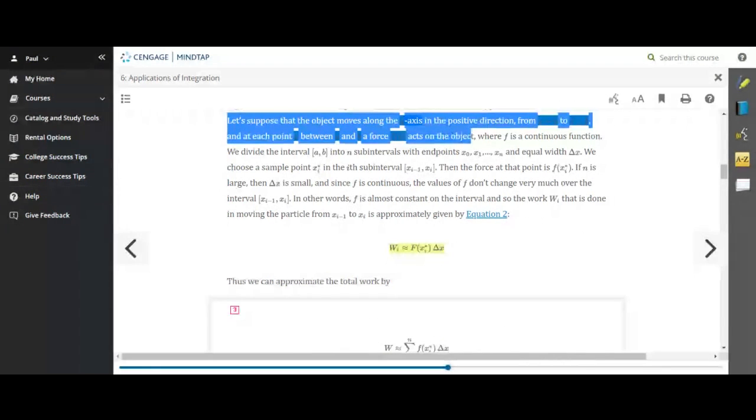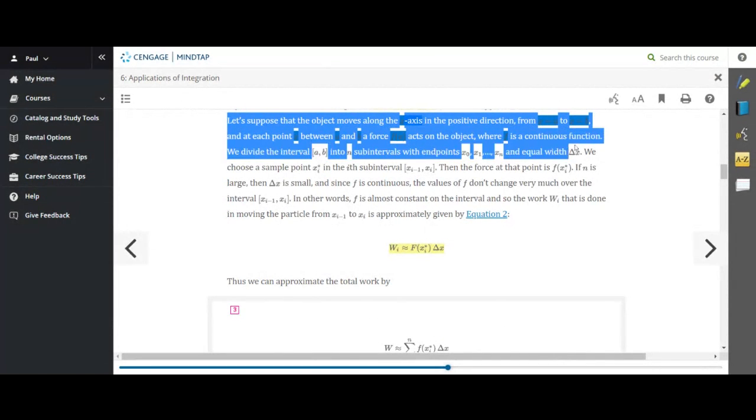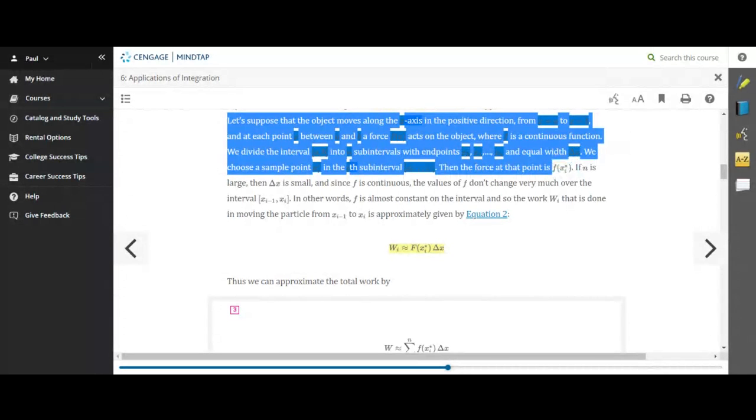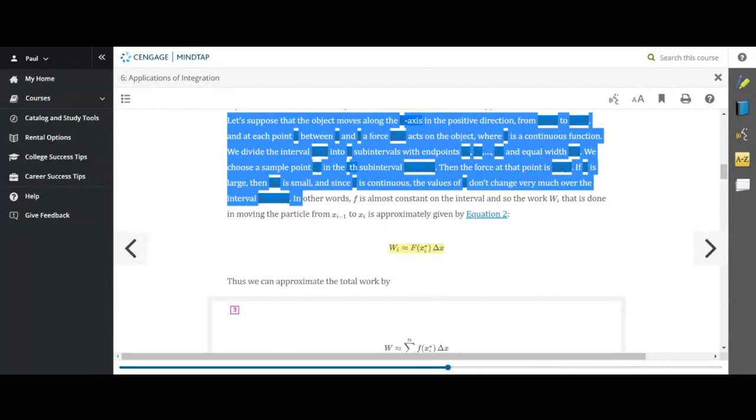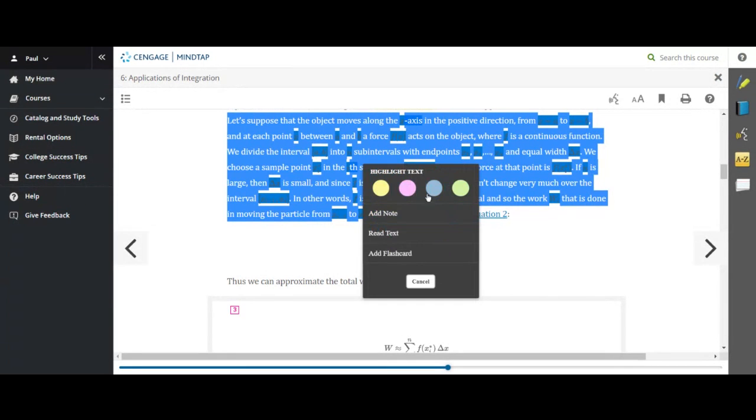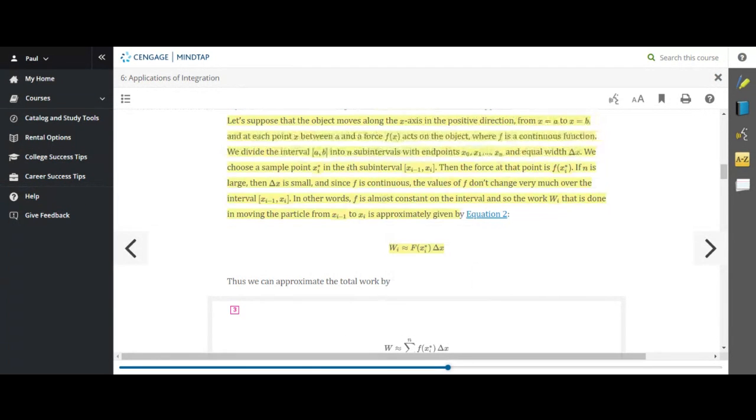So let's suppose, I'm going to highlight this right here, because every word's critical, really. Now we're going to suppose that an object moves along the x-axis in a positive direction from point x equals a to x equals b.